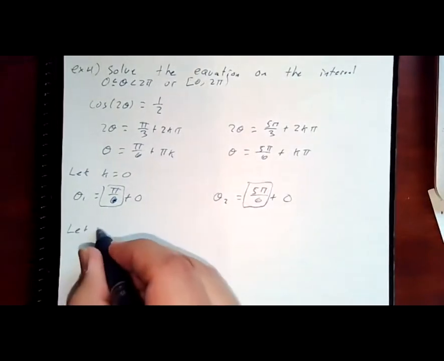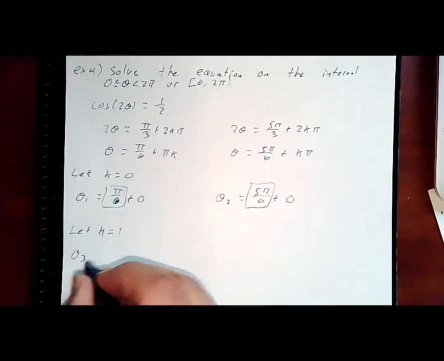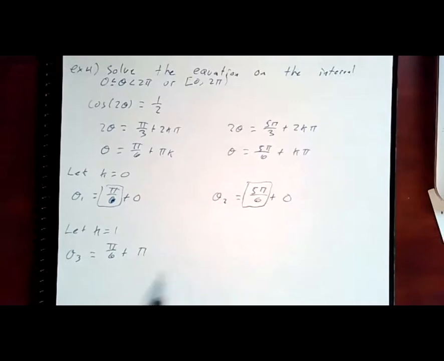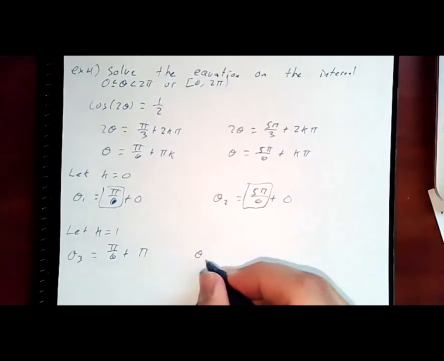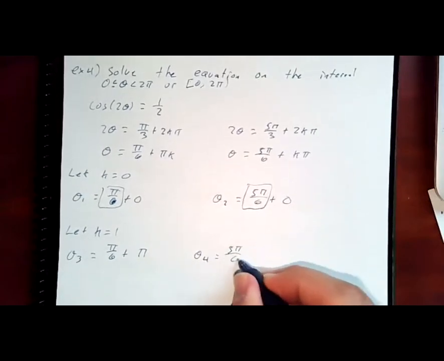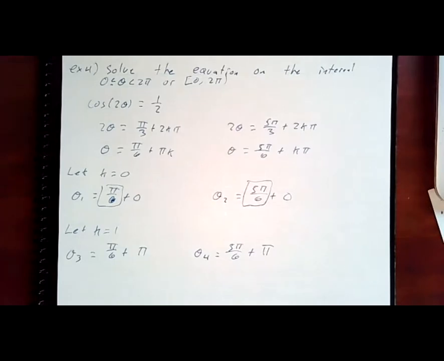So then let k equal 1. This would be the last one. Theta 3 would equal pi over 6 plus 1 pi, and theta 4 would equal 5 pi over 6 plus 1 pi. Then just simply add the pi's.